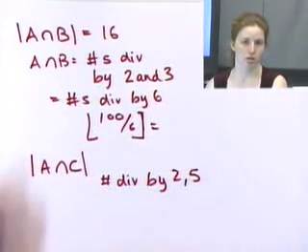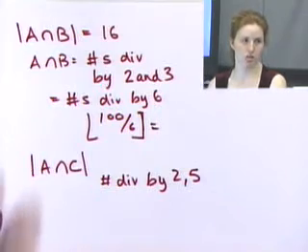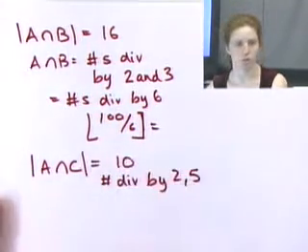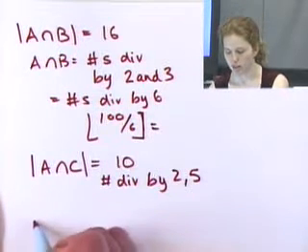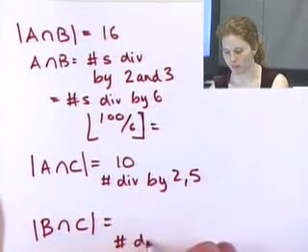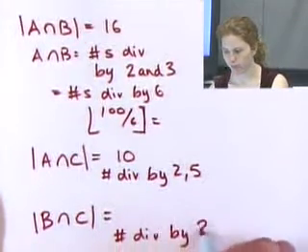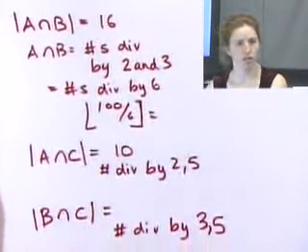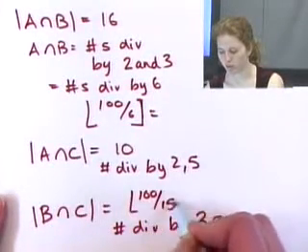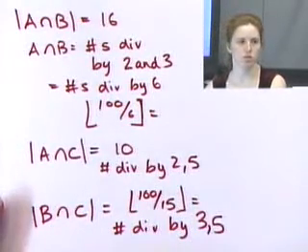The least common multiple of those is 10. So that's all the numbers that are divisible by 10. So there's 10 of those between 1 and 100, right? 100 over 10. And then B intersect C is the numbers divisible by 3 and 5. So that would be the floor of 100 over 15, which is 6.